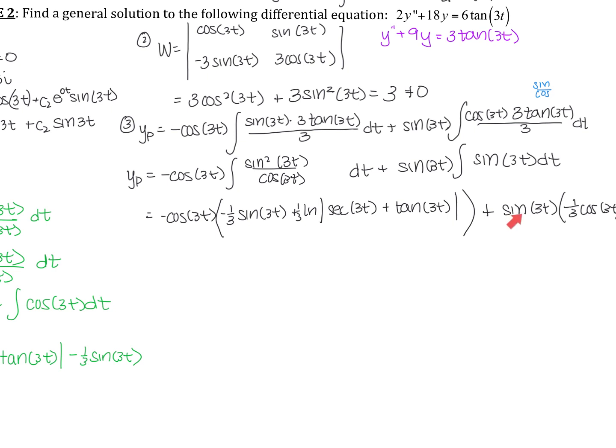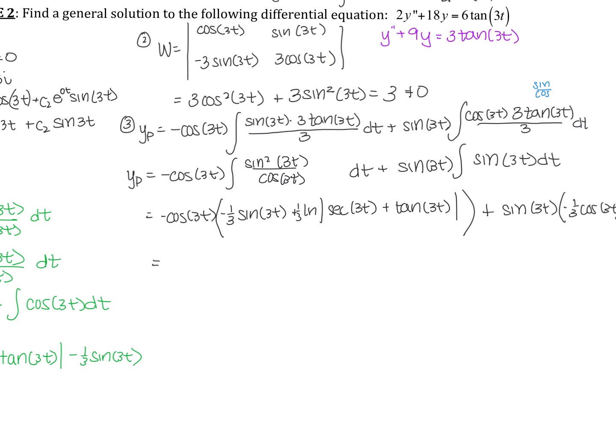And then over here, I also have a negative 1/3 sine 3t cosine 3t. So this ends up canceling out. So we've got one good thing that happened there.